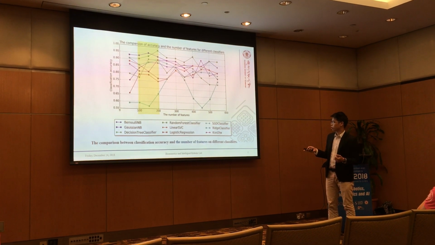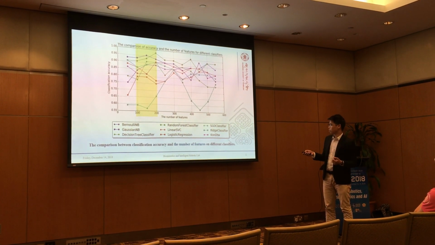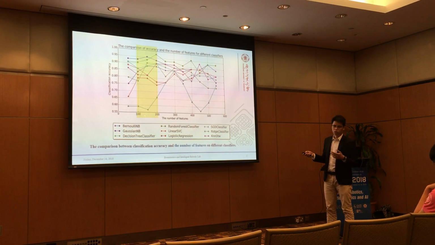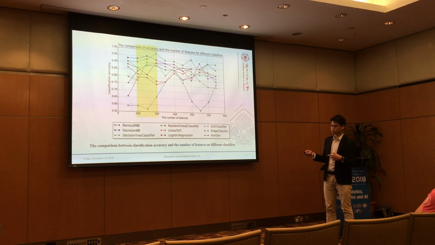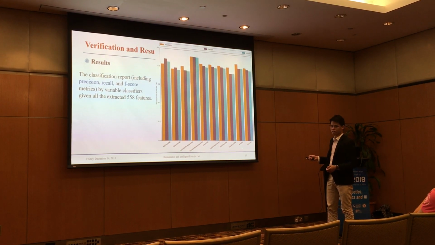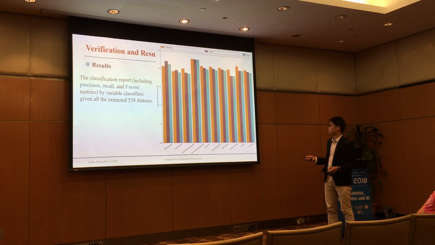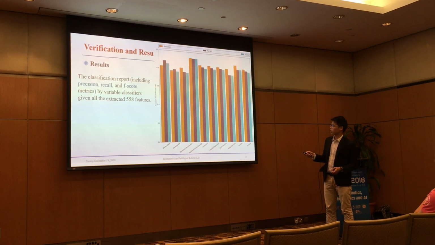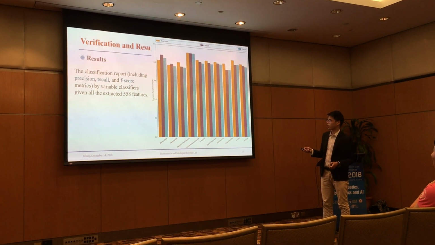So we try to evaluate the features between 100 and 200 in this period. And here's the result we found for the 9 types of classifiers. We evaluate the precision, recall, and F-score.